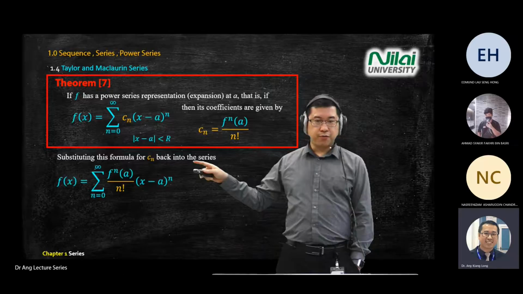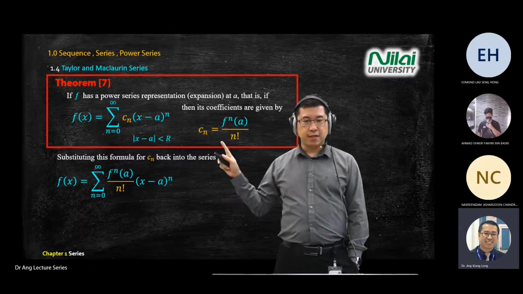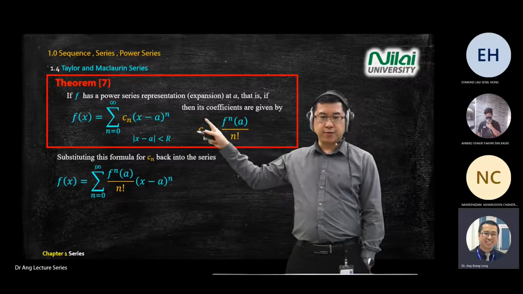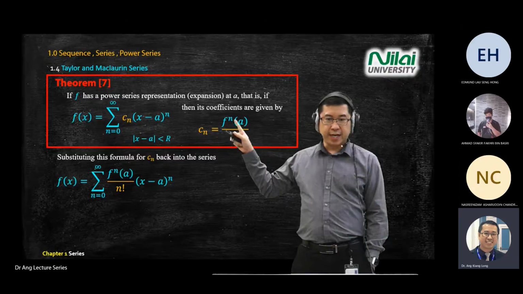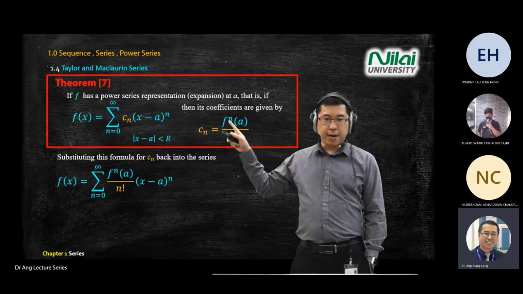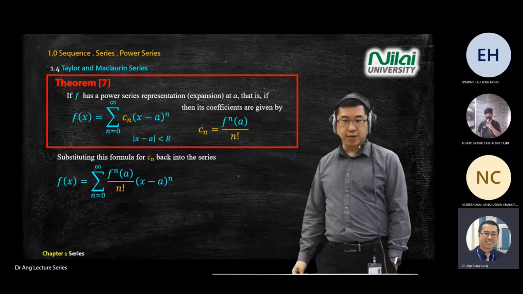So what happens if we substitute this Cn that we proved just now, Cn equal to f power n. Again, this n here, f power n, is the number of differentiations. It's not exponential.